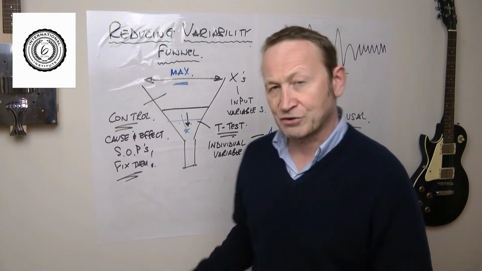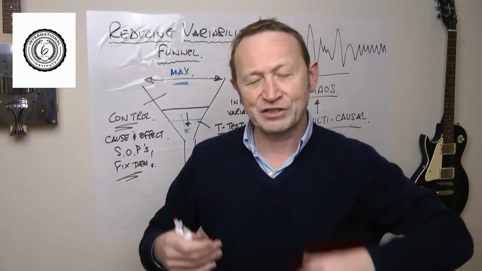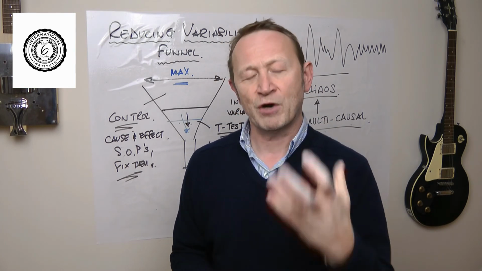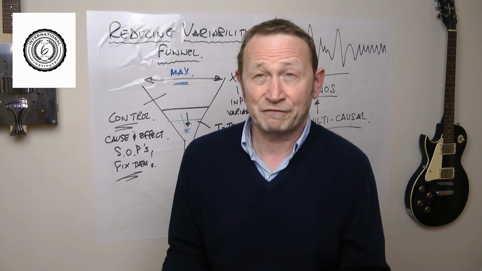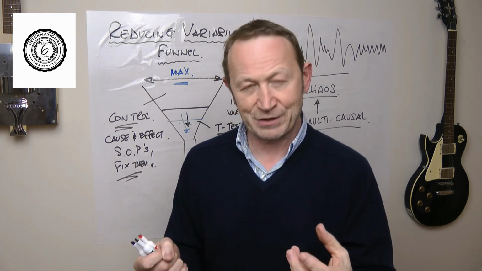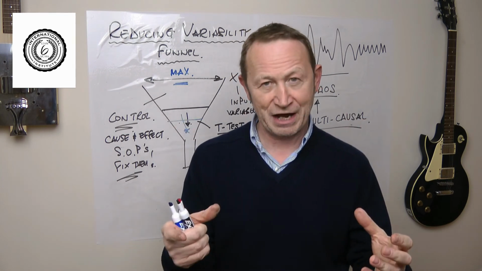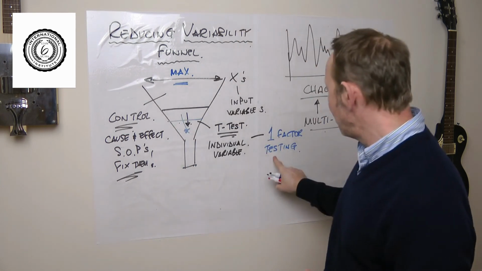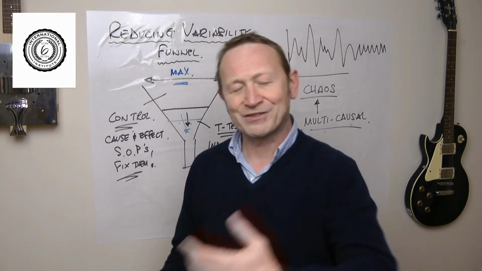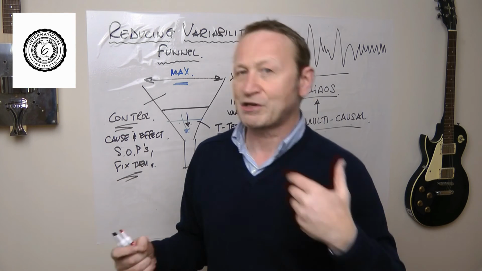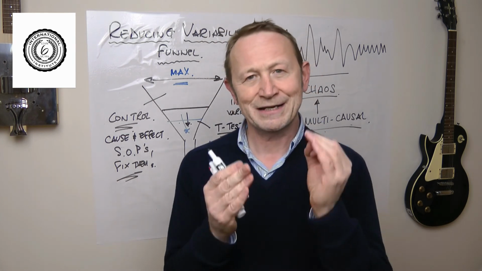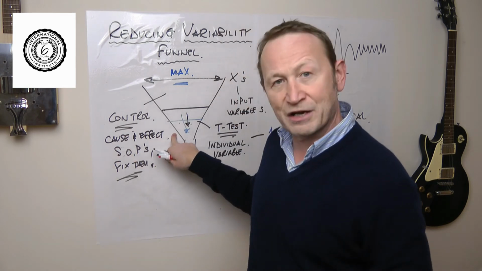Having got your process under control, so possibly 50, 60, 70 variables have all been fixed and held constant, what you're now going to do is probably identify eight variables, we'll say, for further examination, for further understanding. What you don't want to do is one factor testing for those 8 variables, because each time you've got to do a statistical sample size, you've got to do a test, and you've got to do a hypothesis test. It is the slowest way to work down this funnel.